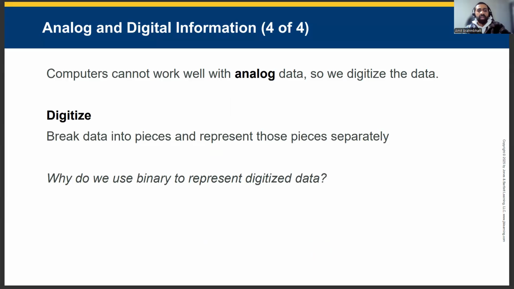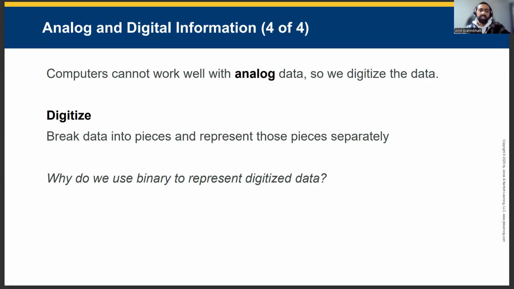Here we see why computers convert analog data into digital form. Since computers work best with discrete values, analog data must be digitized. Digitization involves breaking continuous information into individual pieces and representing those pieces separately. A key question posed here is why binary is used for digitized data.